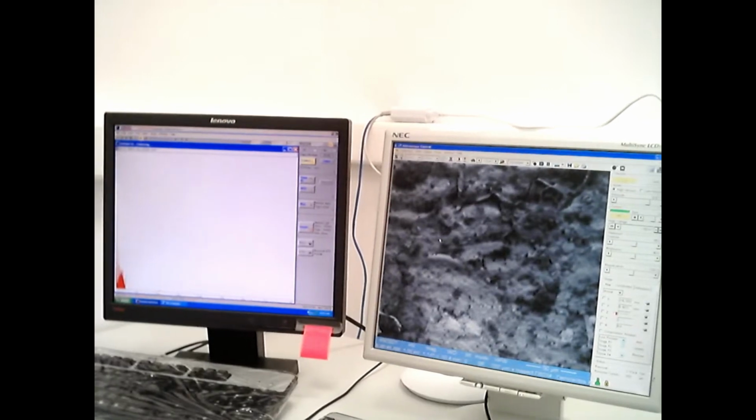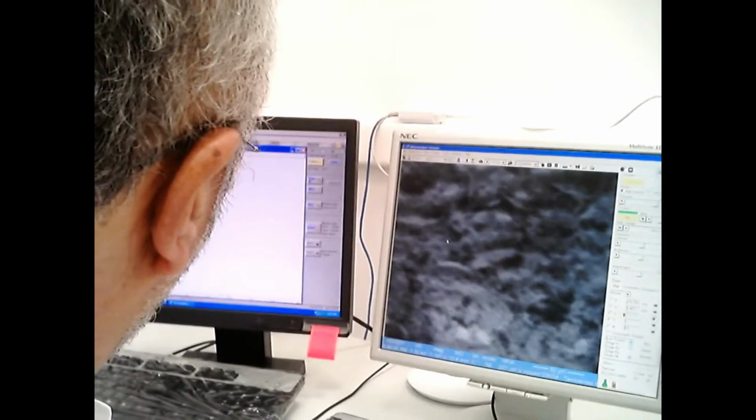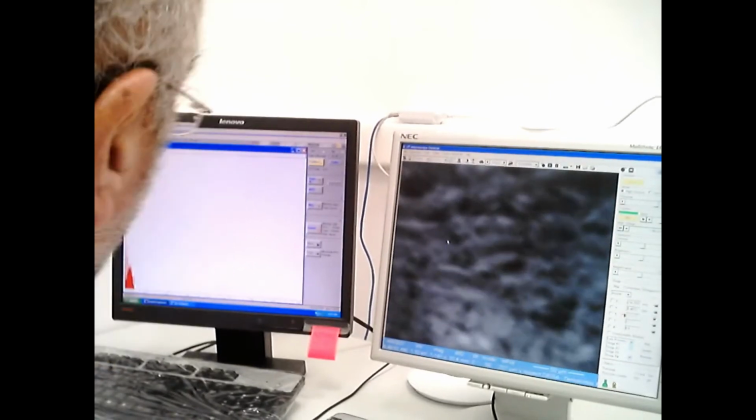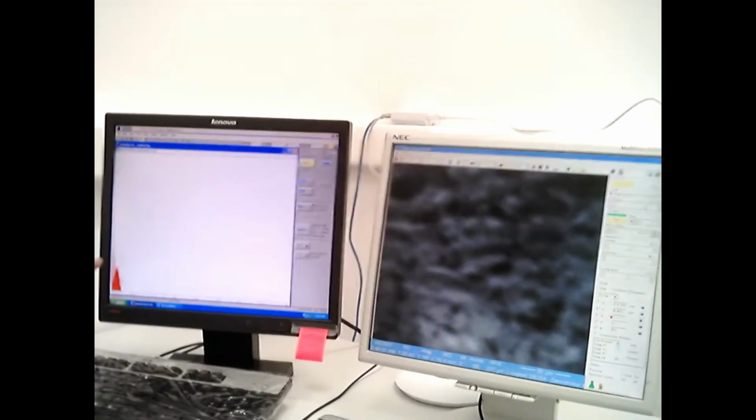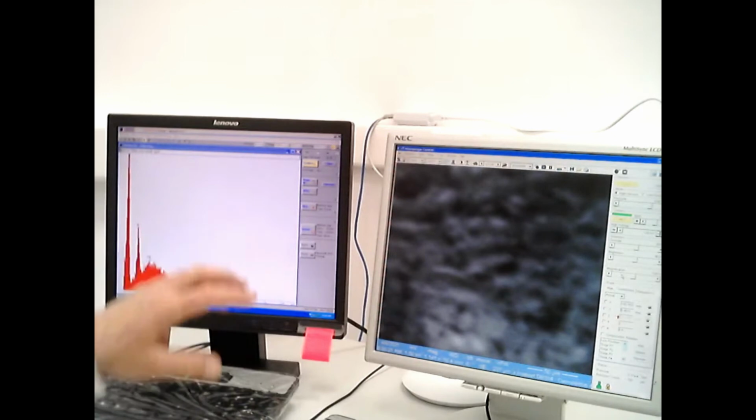Let's see if we can improve it. Don't worry about the picture. You can look on the left here. Now this one says cobalt here, and there's carbon and oxygen. That means it's an organic material. So the cobalt is probably contamination.